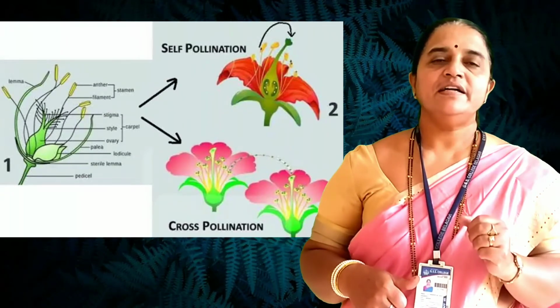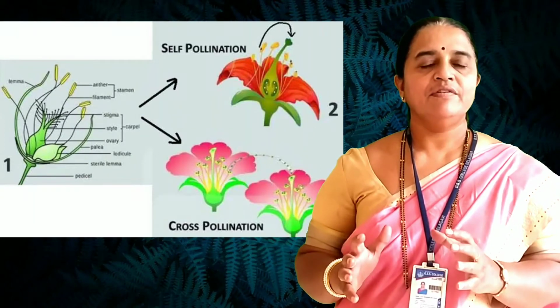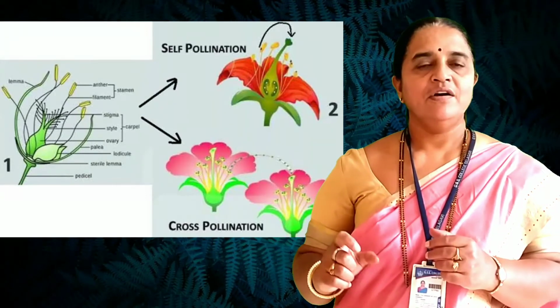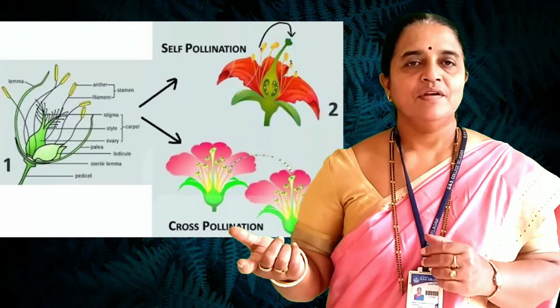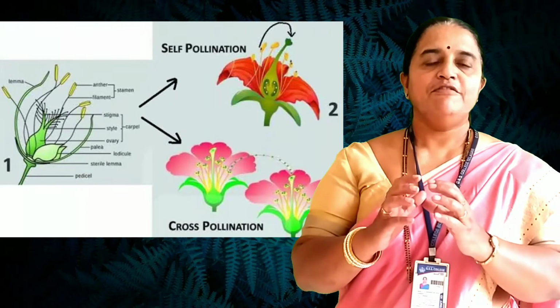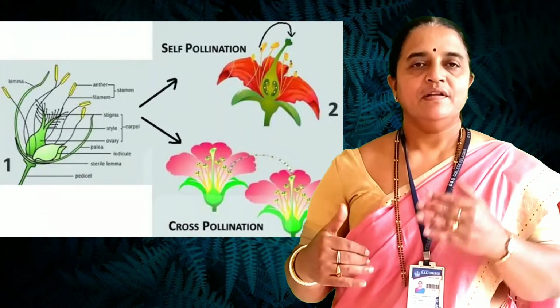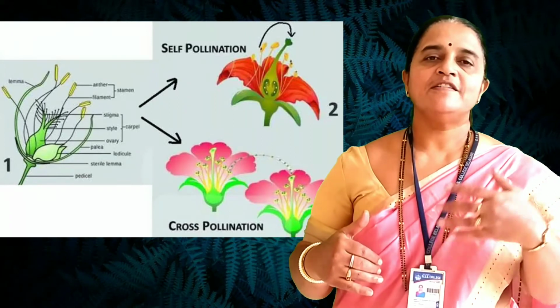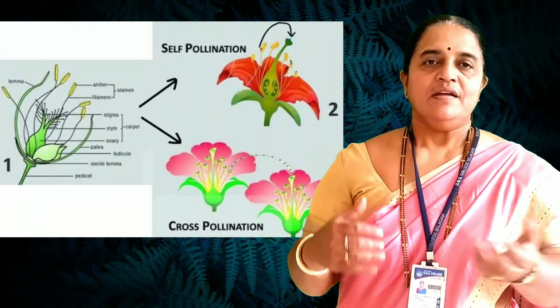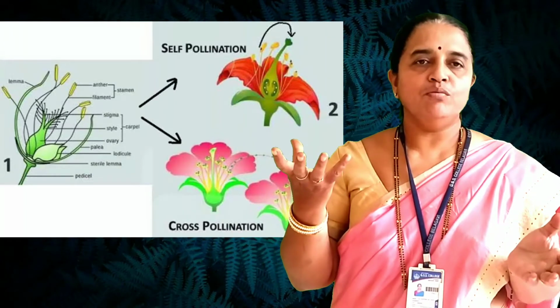There is a third condition which is rarely found, in the flowers of pansy or viola. So in viola or pansy flowers, some flowers are clistogamous, some flowers are chasmogamous. Clistogamous flowers do not open, they never bloom.